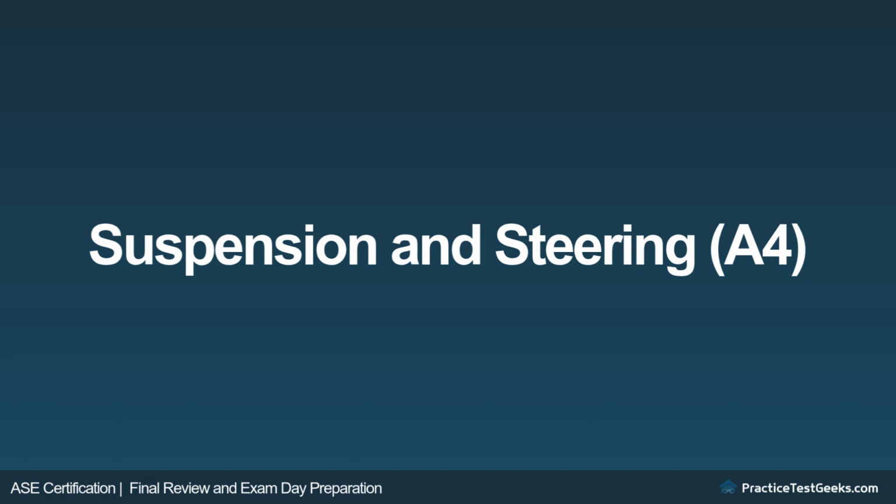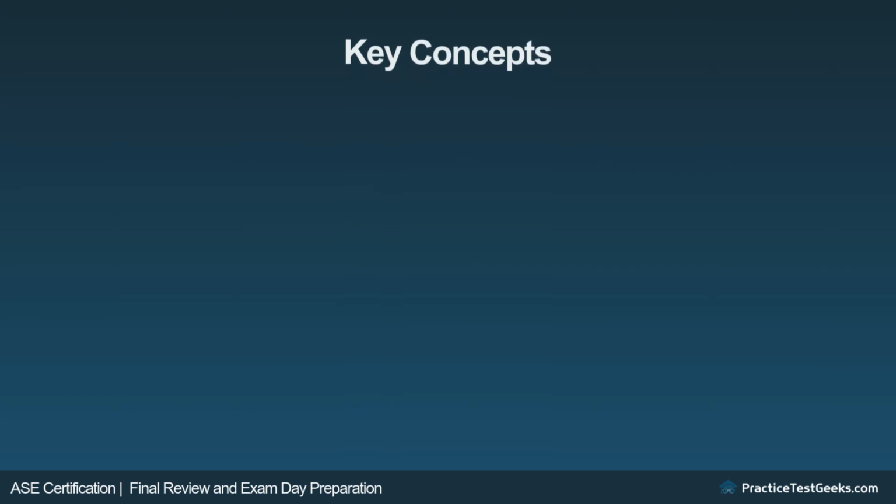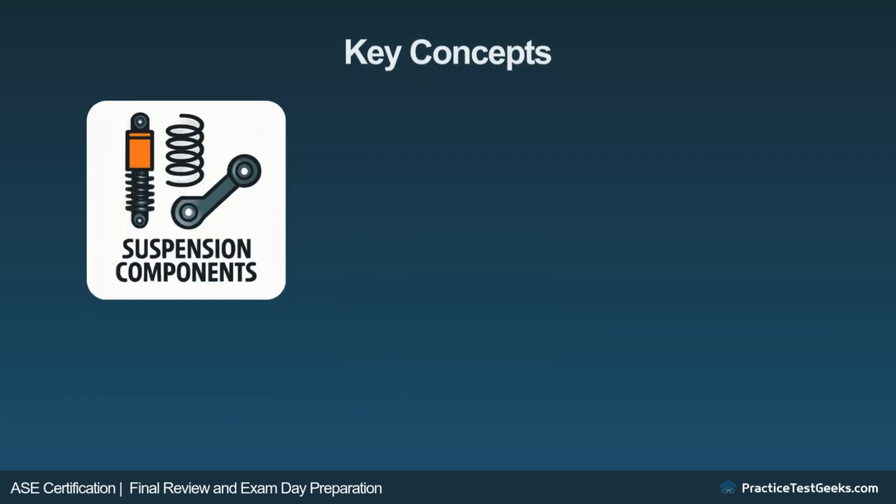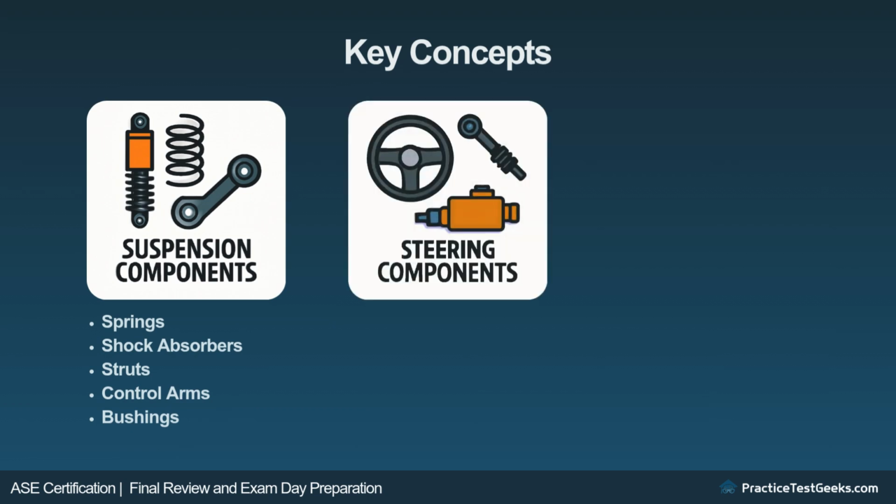Suspension and steering, A4. A smooth, safe ride depends on a properly functioning suspension and steering system. These systems work together to ensure control and comfort. Key concepts. Suspension components. Springs, shock absorbers, struts, control arms, and bushings. Steering components.